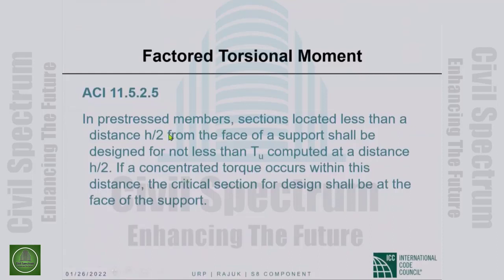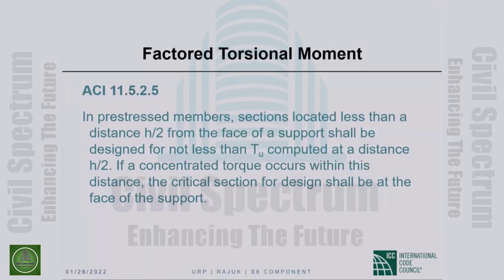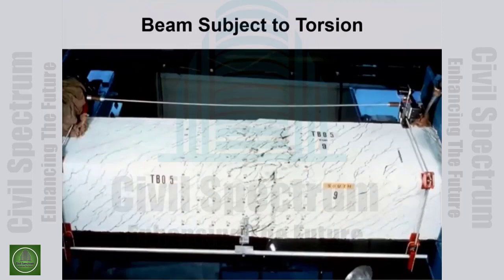If it is a pre-stressed member, then the critical section is one half of the total depth away from the support face, not the effective depth. D is replaced by h/2.